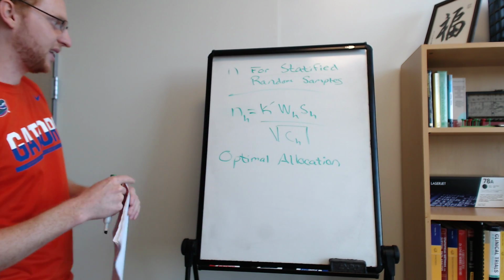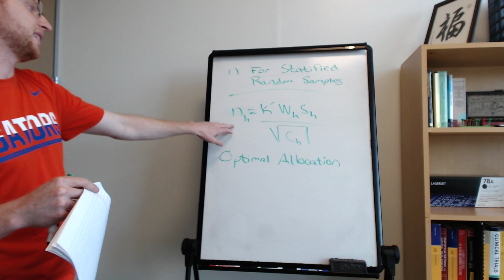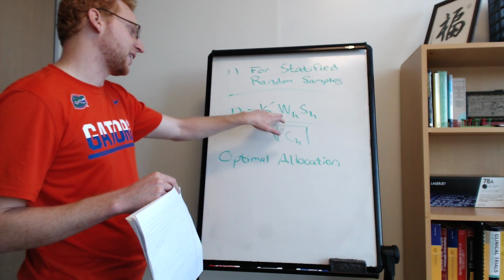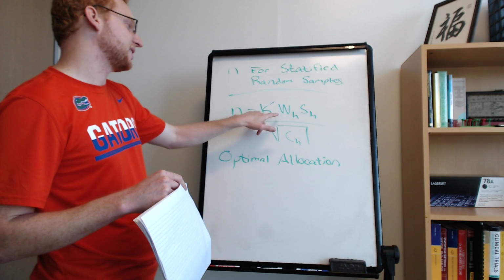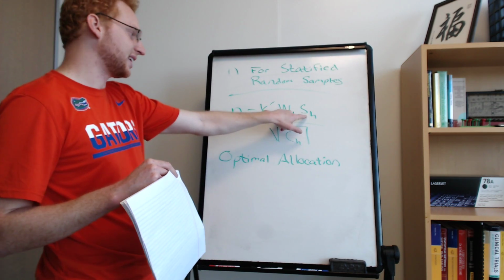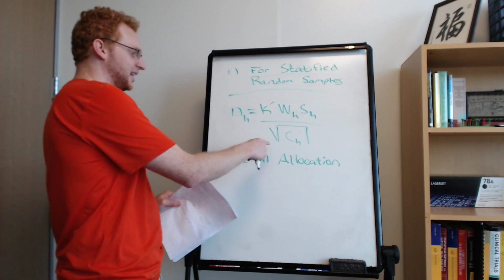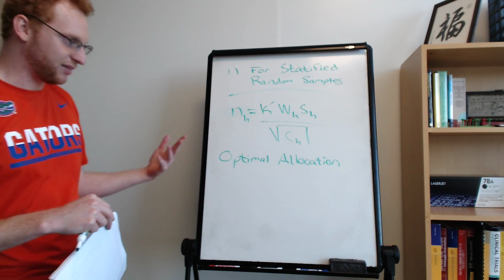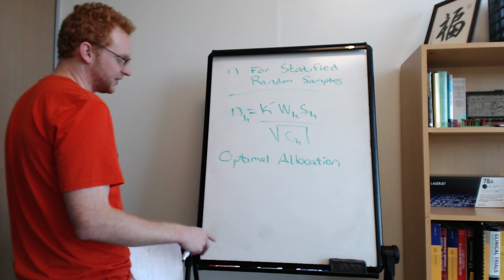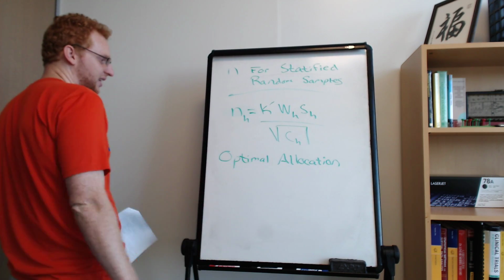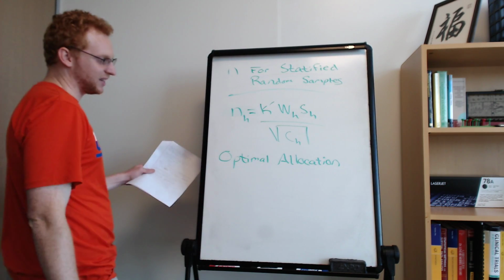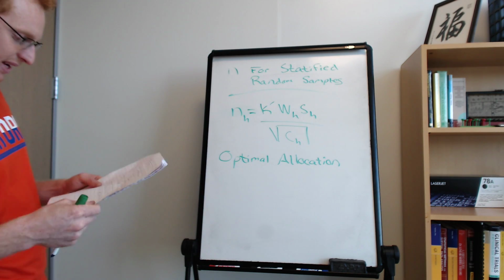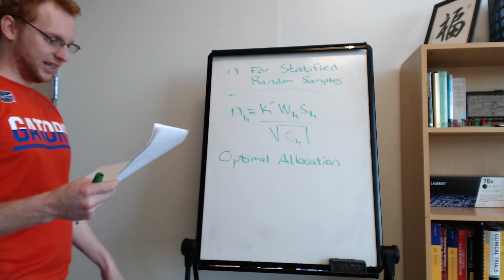They have their own rates. So anyways, for this, it's some constant K times the weight for that stratum h, times the standard deviation within that stratum, divided by the cost for sampling that stratum, how much effort it takes. That's known as optimal allocation. If the costs are all the same across all the strata, it's called Neyman allocation. And you can read up on that. I'm not going to go into details.